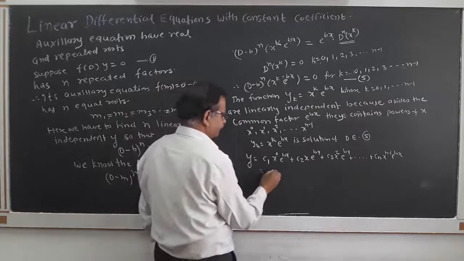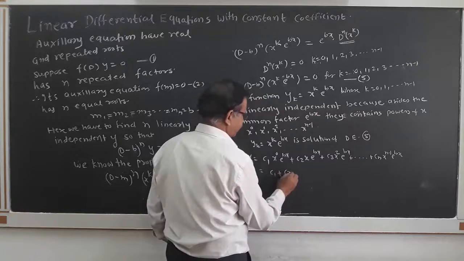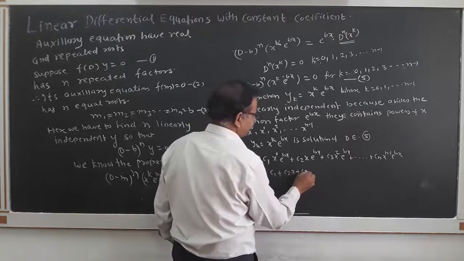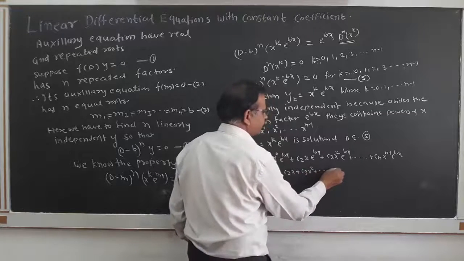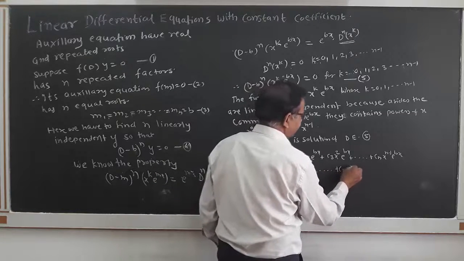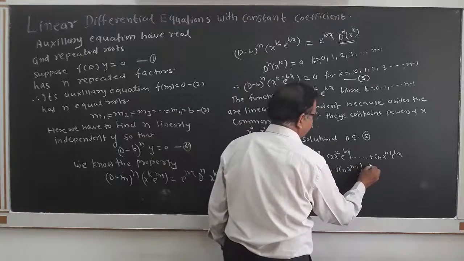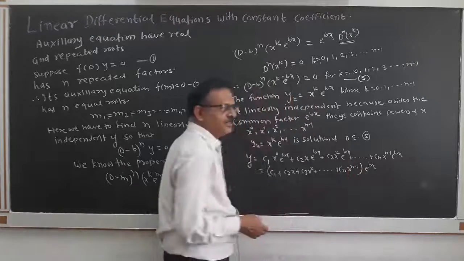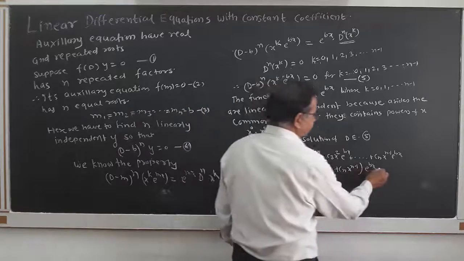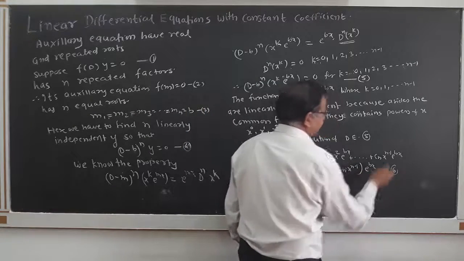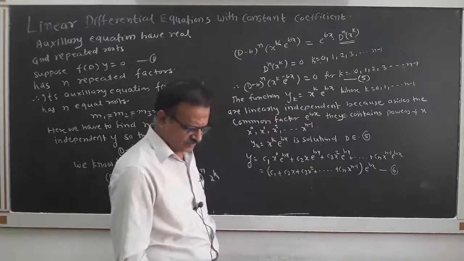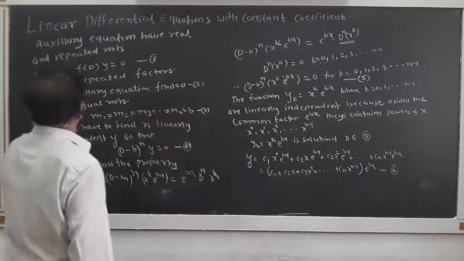That means (C1 plus C2 x plus C3 x square plus so on Cn x raised to n minus 1) in the bracket, and e raised to bx outside of the bracket, is the solution of the differential equation 5. This is equation number 6.